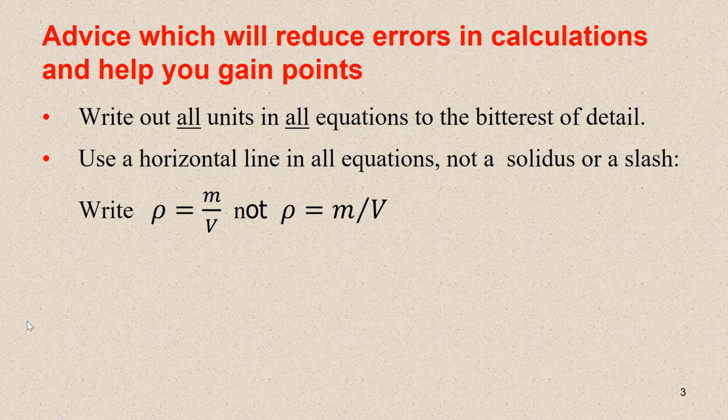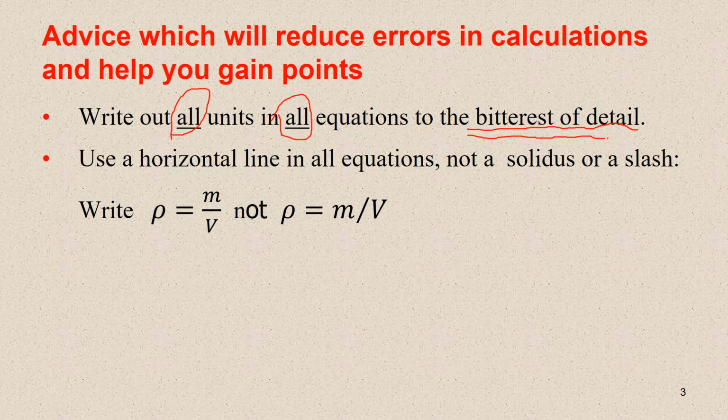So here I'm going to give you some advice as to how not to lose points when you are doing thermodynamic calculations and problem solving. Remember to write out all units in all equations to the bitterest of detail. That actually would help you to eliminate issues of dropping units while you are doing these long calculations.